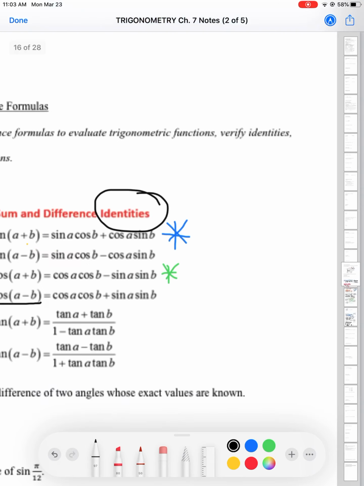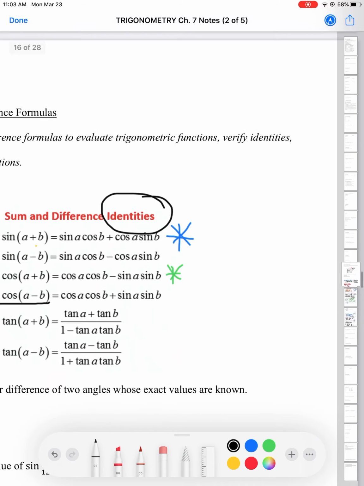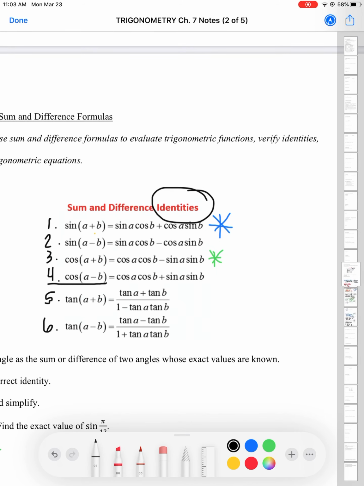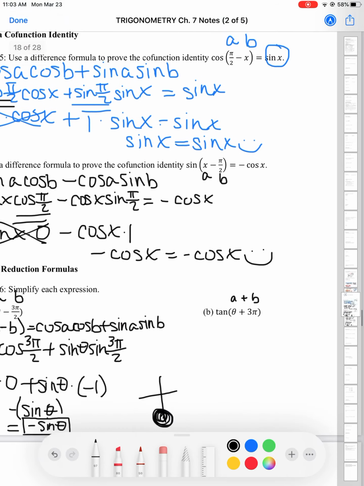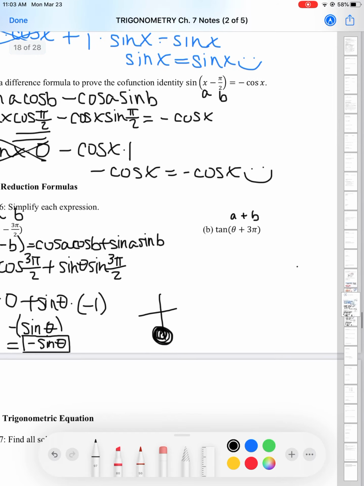So if we look up, this is our first tangent one. Tangent A plus B is number 5. We've got tangent A plus tangent B over 1 minus tangent A tangent B. And the book actually starts us off with a not so easy one, but that's okay.